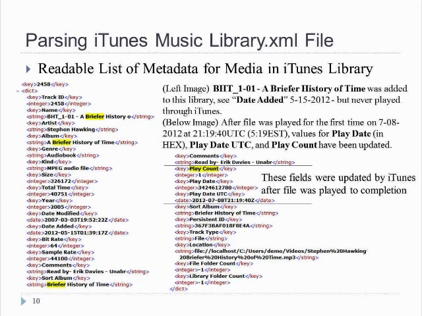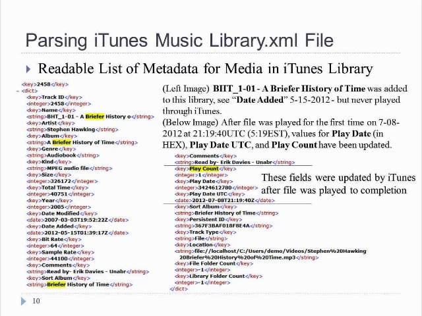You will see the name of the track, so in this case, it's A Briefer History of Time, 1-01. We can see the type of file that it is, in this case an MPEG audio file. The size, which is about 320 kilobytes. The length of the file, the year that it was created, although this isn't really a timestamp or hexadecimal type of creation. This is something that goes along with the title.